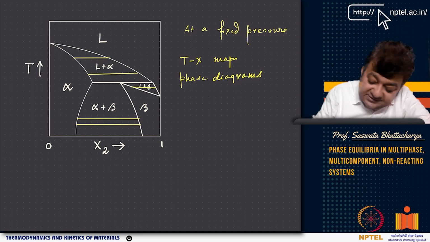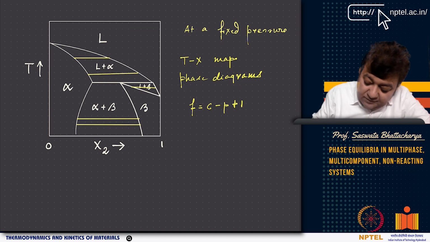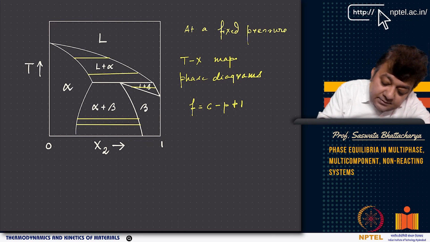Now, if I look at fixed pressure, then we are looking at the Gibbs phase rule, which is F equals C minus P plus 1. If you look at the diagram, you have two components, so this is called a binary phase diagram.